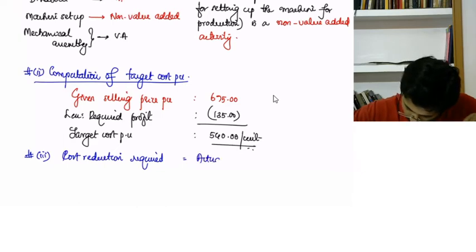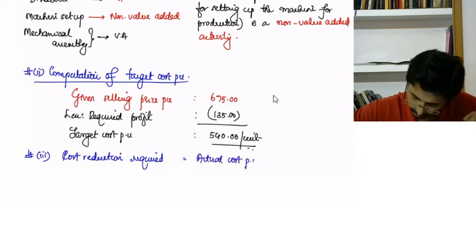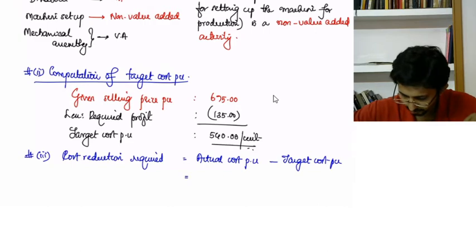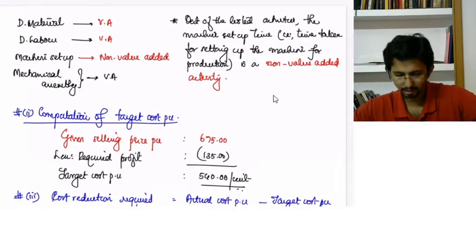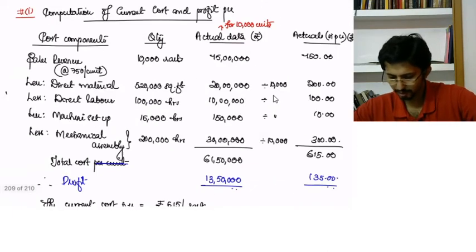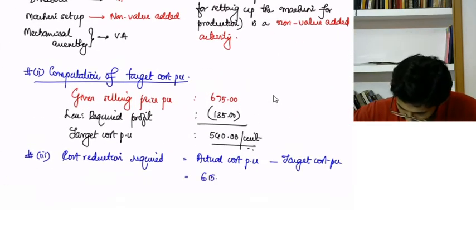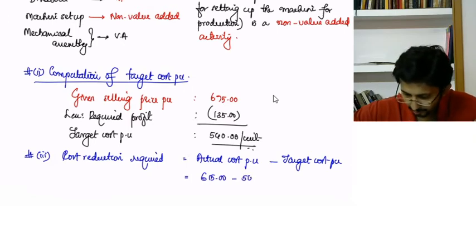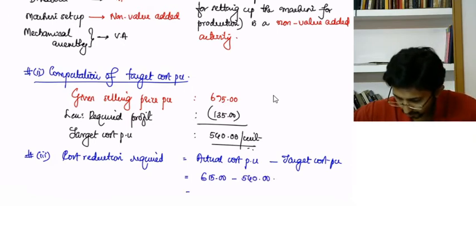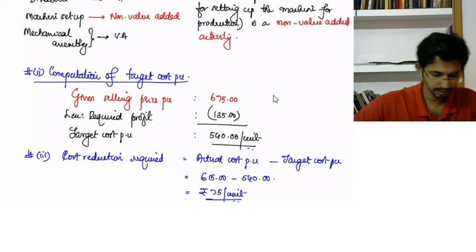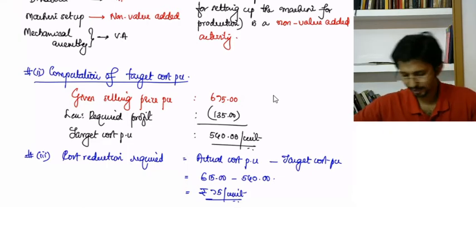So actual cost per unit minus target cost per unit. Actual cost is what we have already computed to be 615, and target cost is 540. So reduction required is 75 per unit or per rack. Is it clear? So that is the cost reduction required.